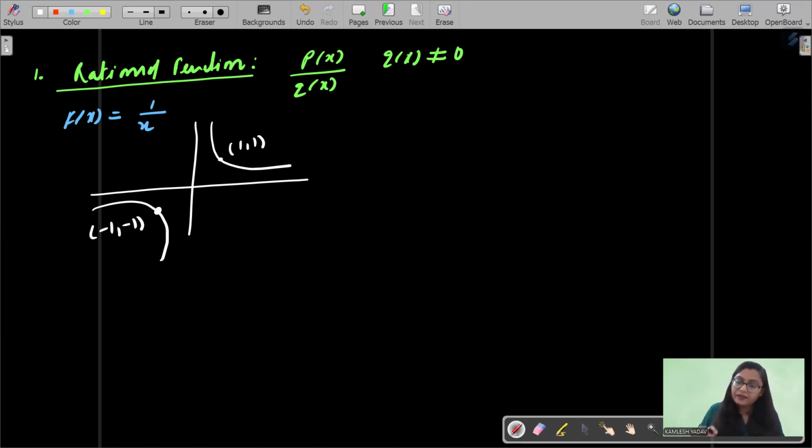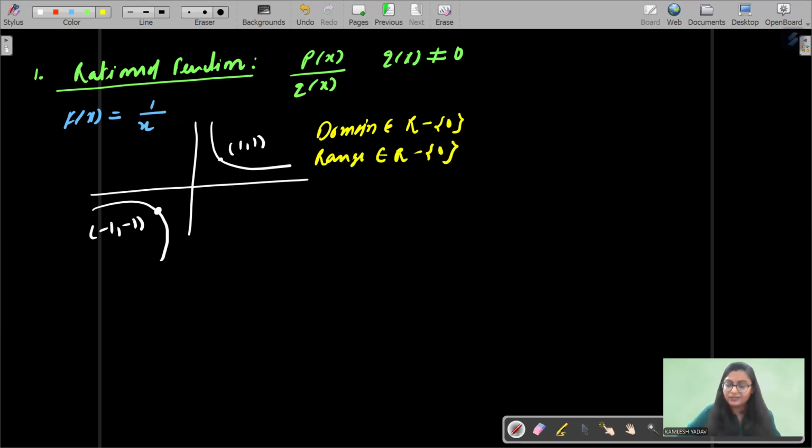Then in this graph, the domain belongs to R minus 0, because when we put x equal to 0, the function is undefined. So that's why the domain is R minus 0. Then what about the range? The range is also R minus 0. It is clear.